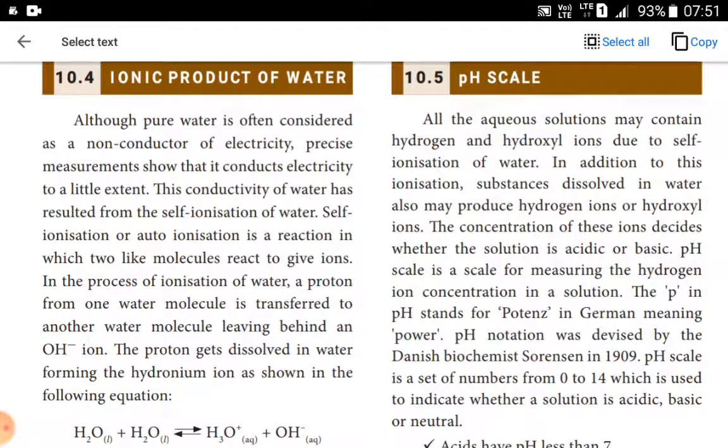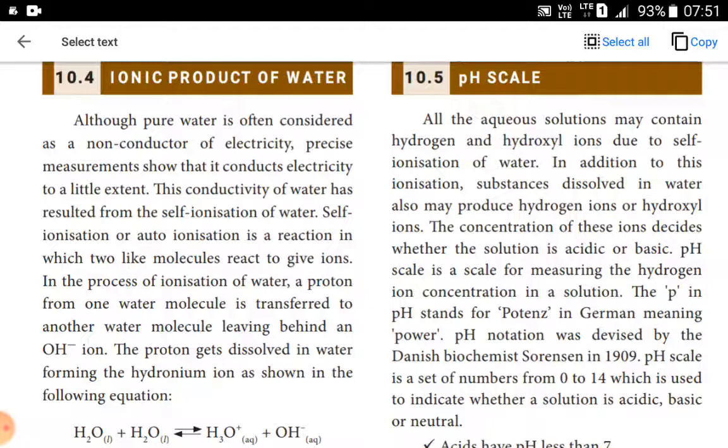Ionization is the dissociation of a molecule into ions, of a water molecule into charged particles. Self-ionization or auto-ionization is a reaction in which two like molecules react to give ions. This is the definition.